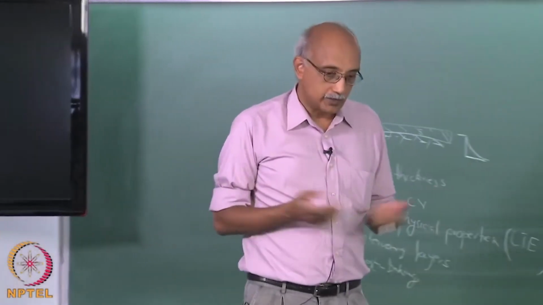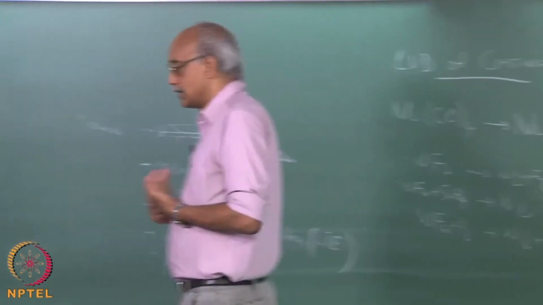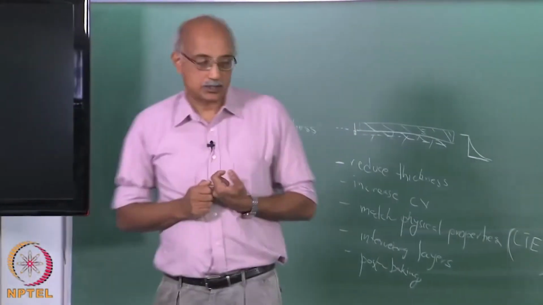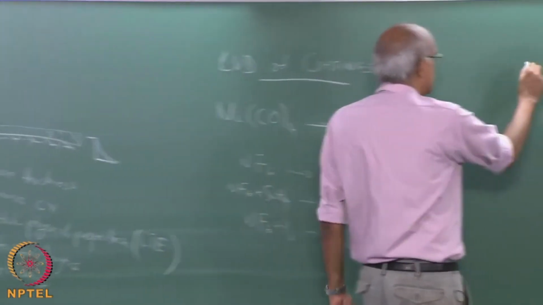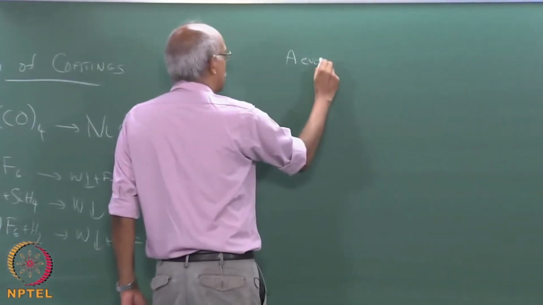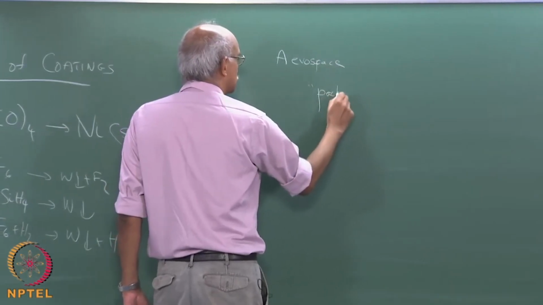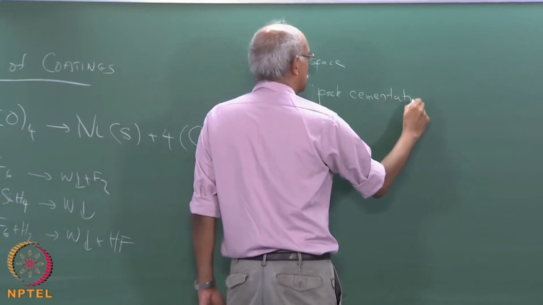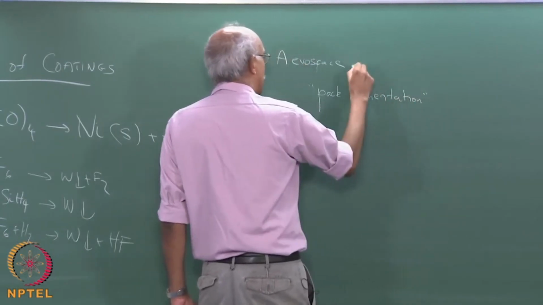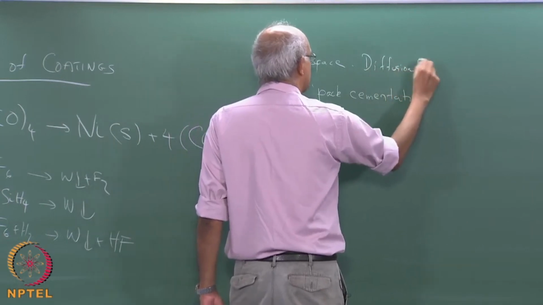And similarly, they also invented CVD of coatings. The process that they used was something called pack cementation. So, this is in the aerospace applications. And again, most of the application was diffusion barrier coatings in this case.